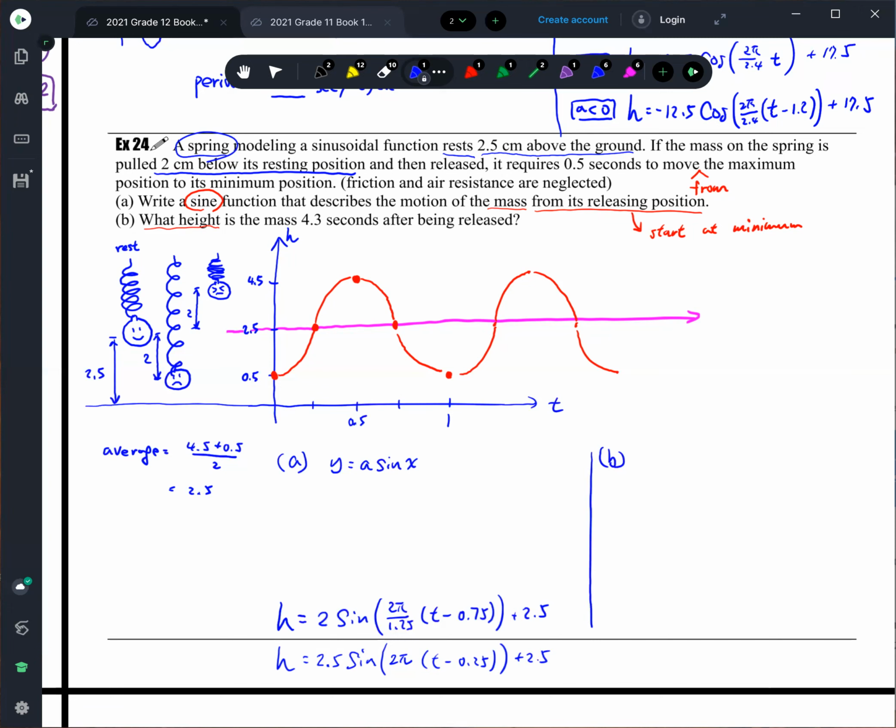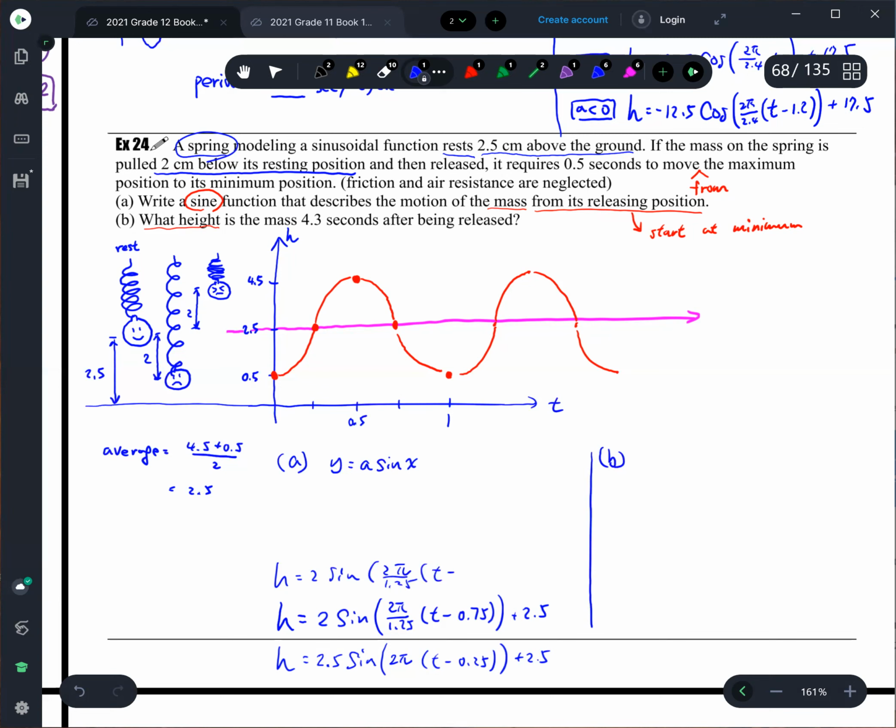I have h is equal to 2 sine bracket 2 pi over 1.25 bracket t minus 0.75 bracket plus 2.5. Okay, so same as the first answer then.